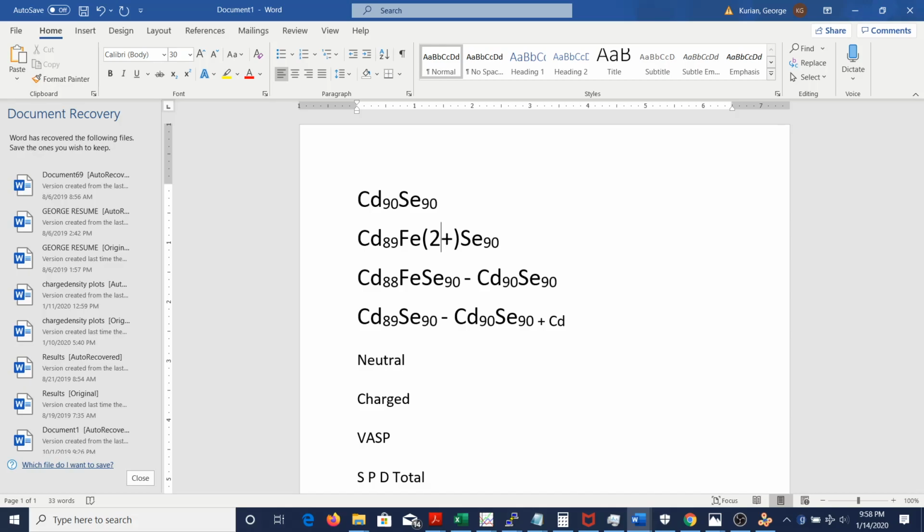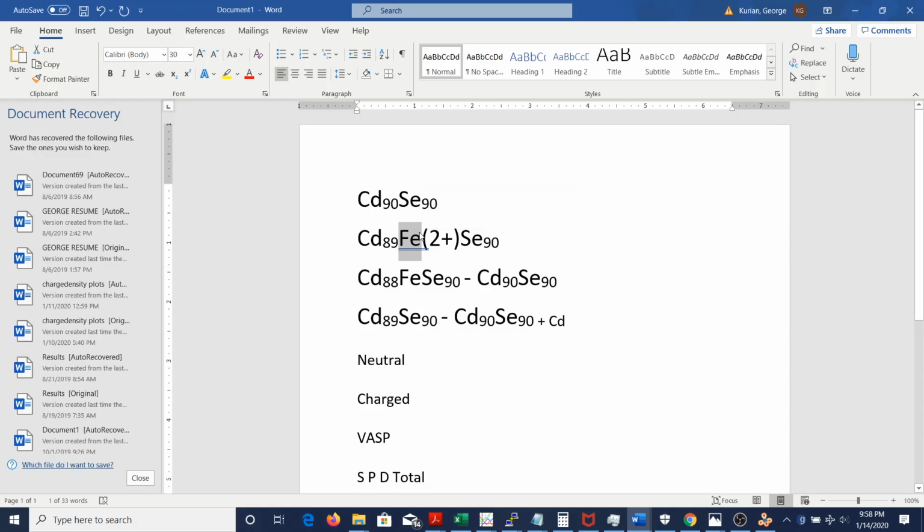Even though we are calling it Fe2+ and Fe3+, it's basically supposed to be a neutral structure and a charged structure with a charge of +1, and the same for the one with the vacancy, the neutral one and the one with the charge of +1. So we're doing the site projected density of states for Fe in these four cases and comparing them.